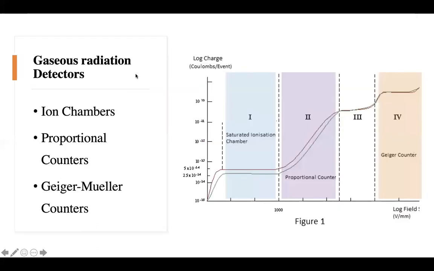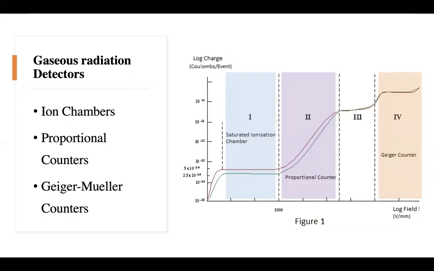So gas detectors are actually also classified into different detectors. We call them ionization chamber or ion chamber, proportional counter, and Geiger-Müller counter, all of them gaseous detectors with the same mechanism. The only difference, can anyone tell me what is different?